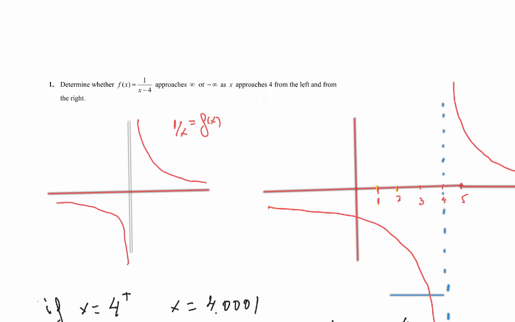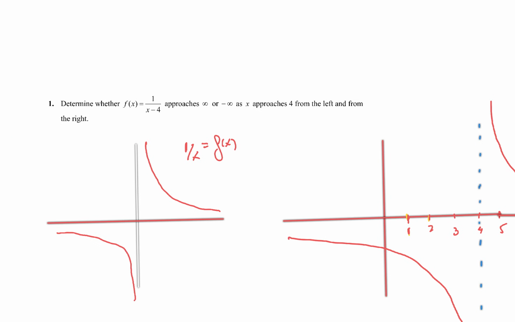Determine whether the function 1 divided by x minus 4 approaches infinity or minus infinity as x approaches 4 from the left. So x approaches 4 negative, approaching the number 4 from the left.